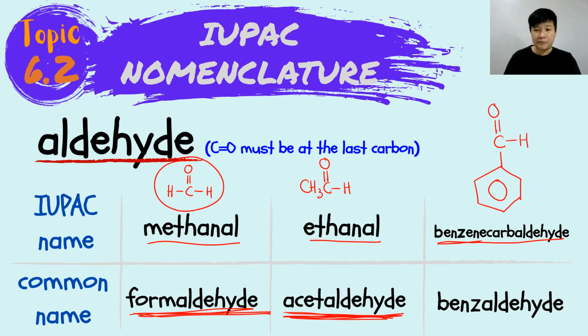So that is your benzene carbaldehyde as your IUPAC name, but the common name is actually benzaldehyde, one of the most famous common names that we always use. So I have two additional ones over here, which are your formaldehyde and your acetaldehyde. Okay, those are the common names that we always use for methanal and ethanal. Make sure you know that.